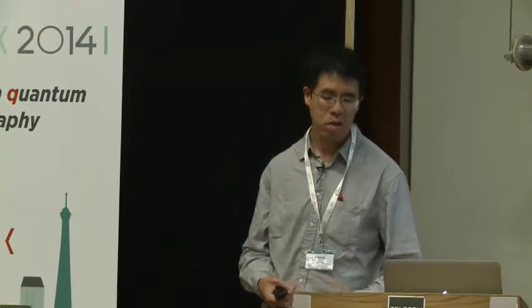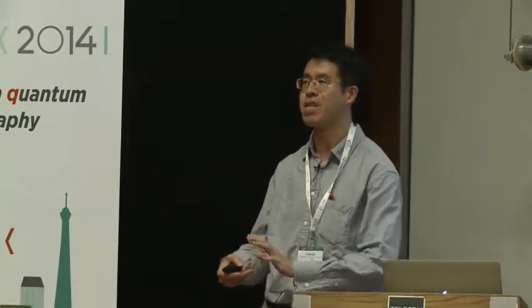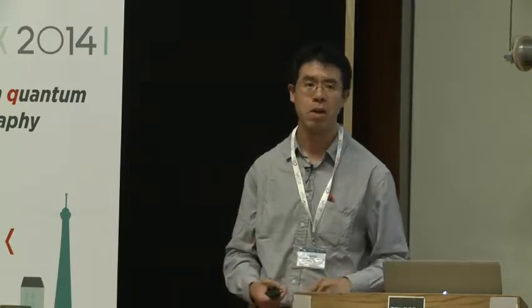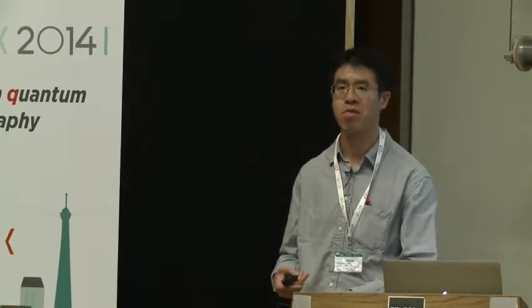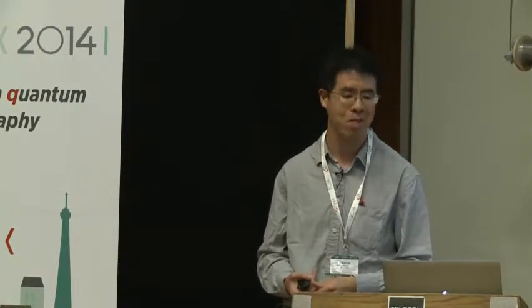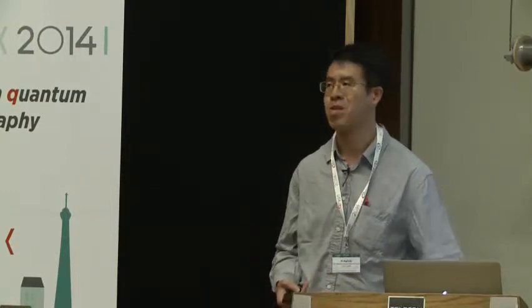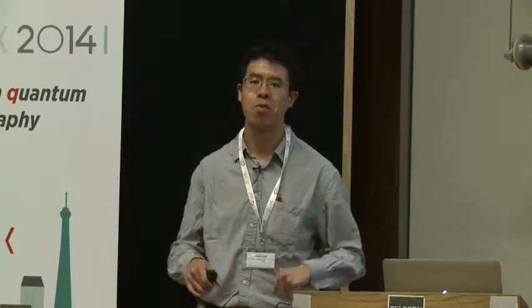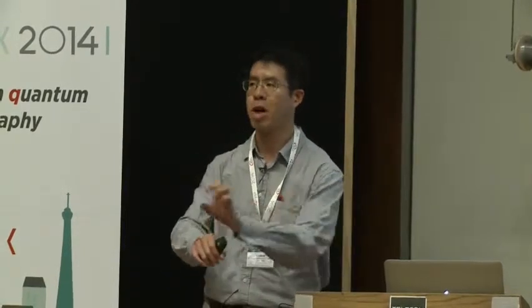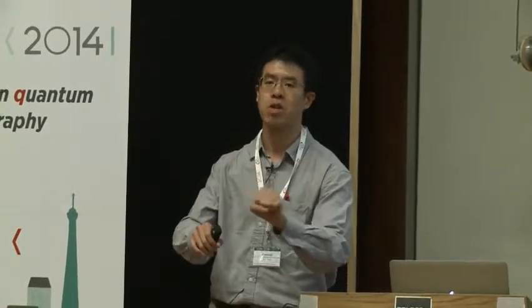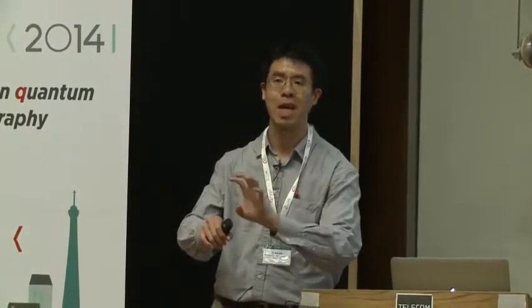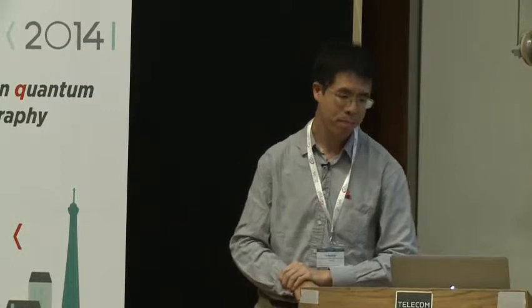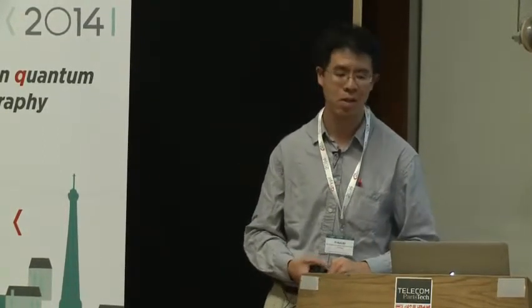What we show is a particular concrete instantiation of conjugate coding, which we can prove is secure against a natural restricted class of quantum adversaries. These are adversaries that can do multipartite LOCC operations. They can do single qubit operations and classical communication between qubits, but no entanglement between qubits. And this is the isolated qubits model, essentially.